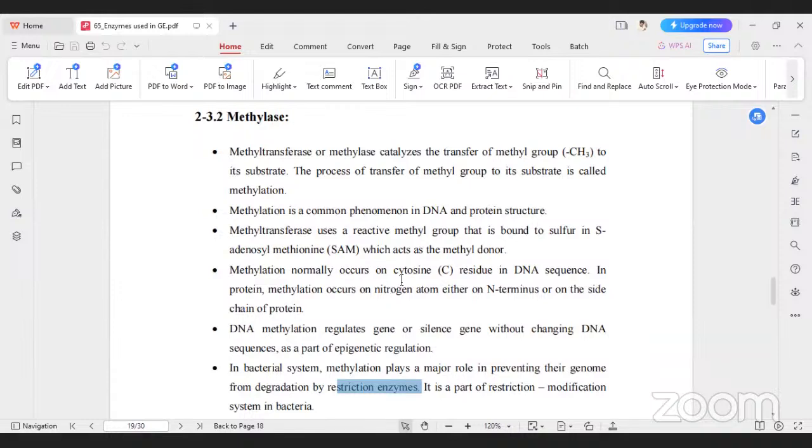But in the same species, why can't it cut the same genetic material? If we separate this enzyme, it can cut the DNA. But why can't it cut the same species' genetic material? Because of methylation. Due to the methylation process, it is prevented.